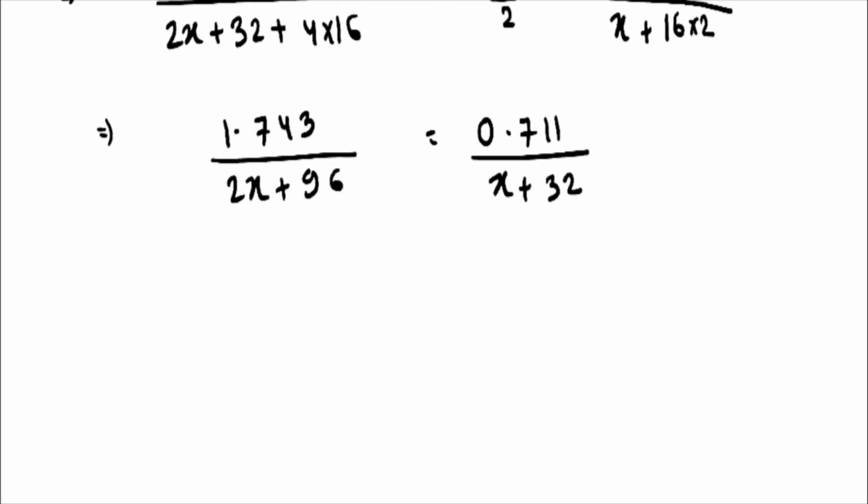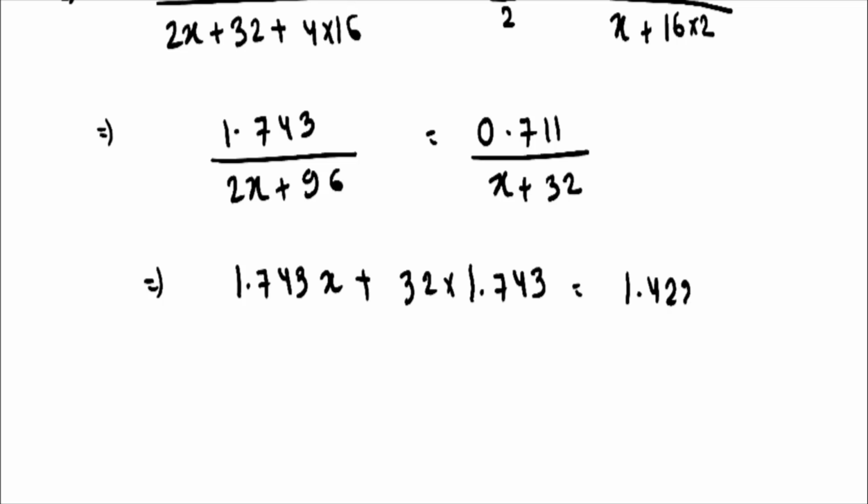So on solving we get 1.743x plus 32 into 1.743 equal to 1.422x plus 0.711 into 96.